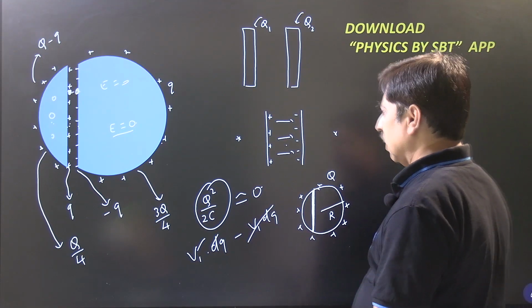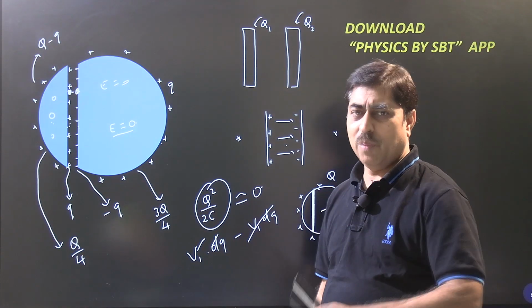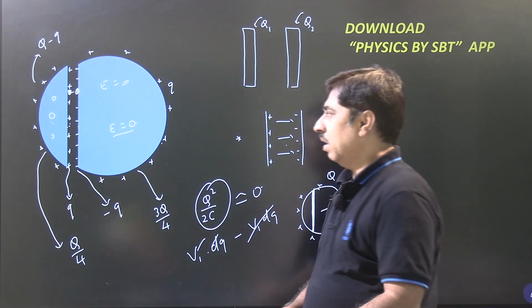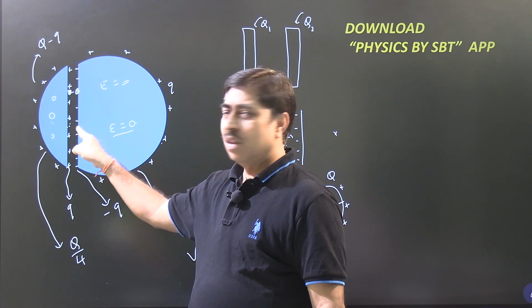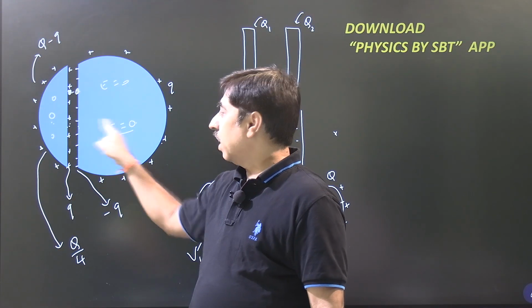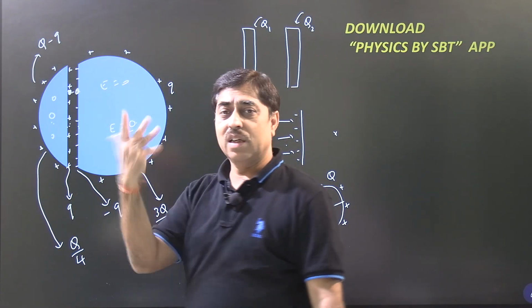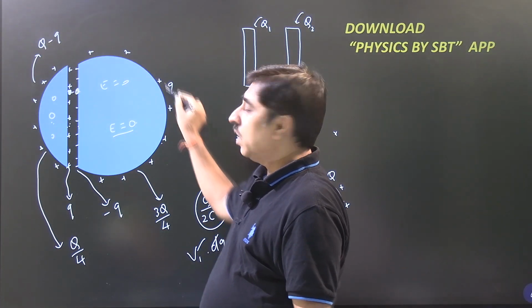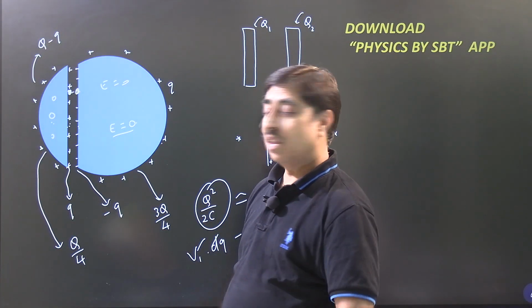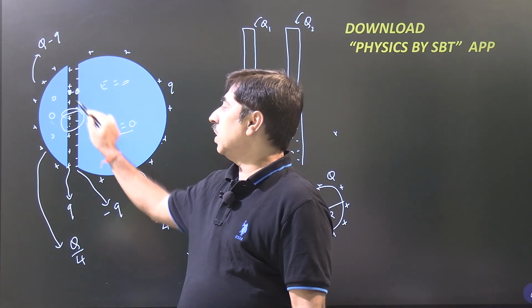If you are not convinced with this logic, again let me put it like this, that these two charges do not produce any electric field here, nothing. So, the charges on the surface do not experience any electric force due to these charges.